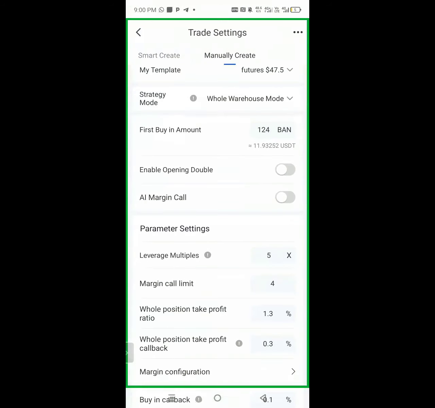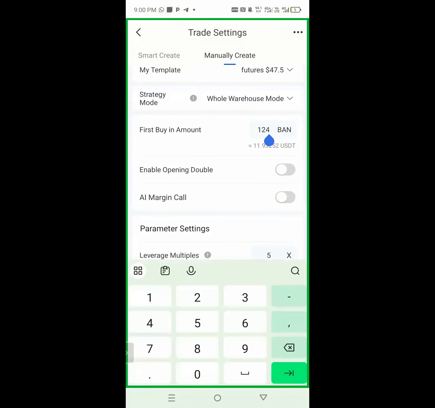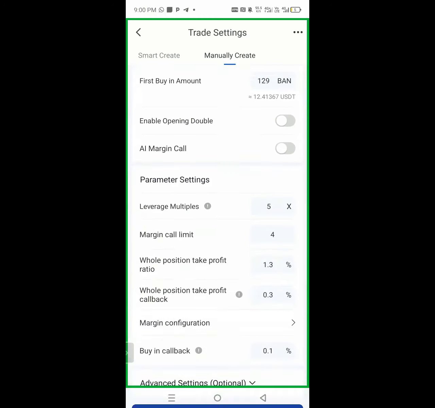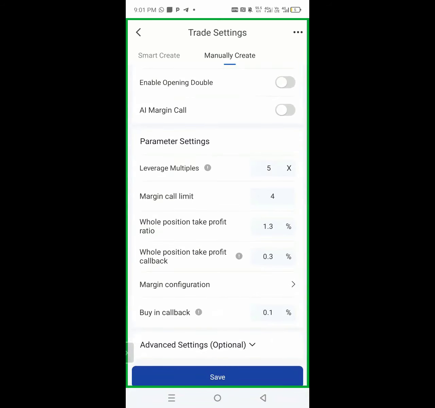Okay, so 2.5 times 5 should be 12.5. Okay. So 5 margin call 1.